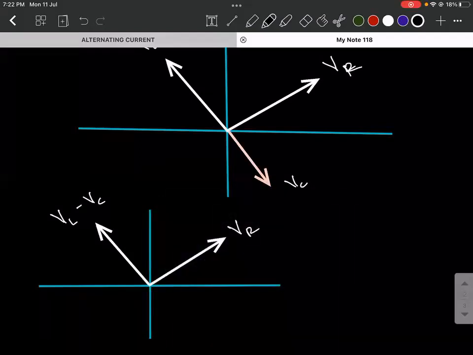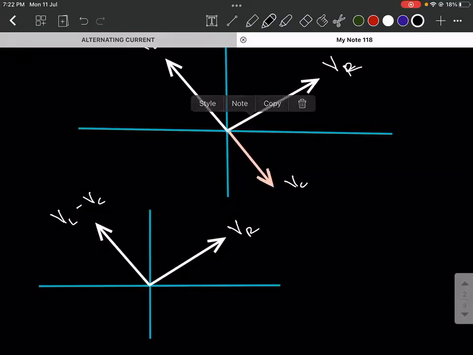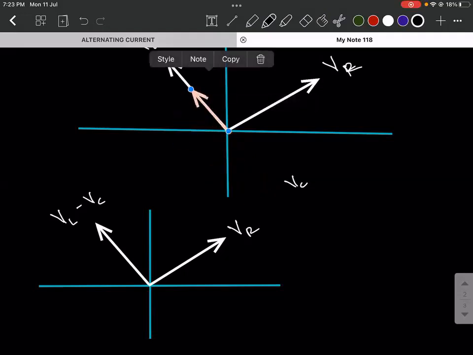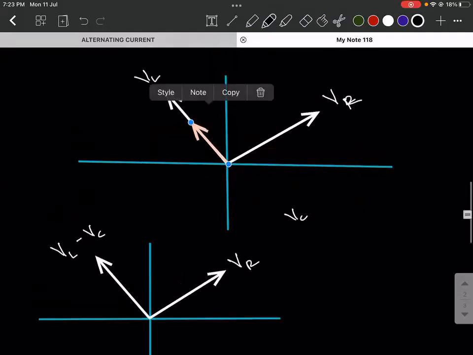For example, I represent it with this color. VR and VL are perpendicular to each other. VR and VC are perpendicular to each other. Right? What is the angle between VL and VC? 180 degrees. They're out of phase. Now if I take this and rotate it and put it here, then this will become VL minus VC here.